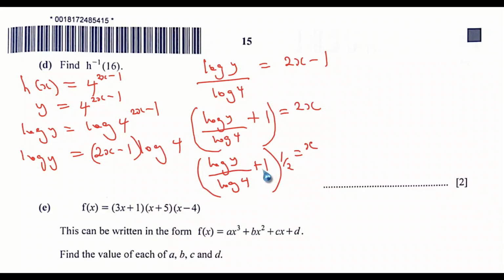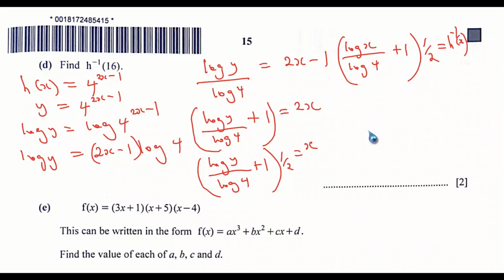Okay, so now let's replace y with x and x with h inverse of x. So that means we're going to have log x over log 4 plus 1, in brackets, times 1 over 2, equals h inverse of x.